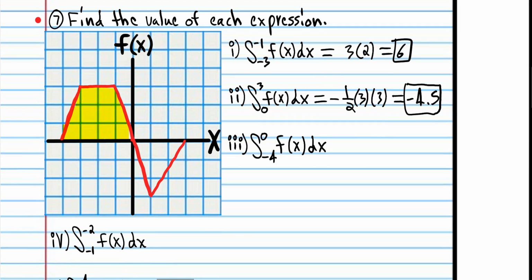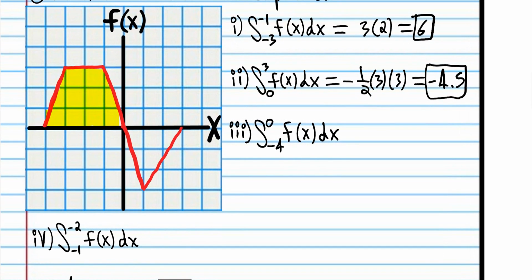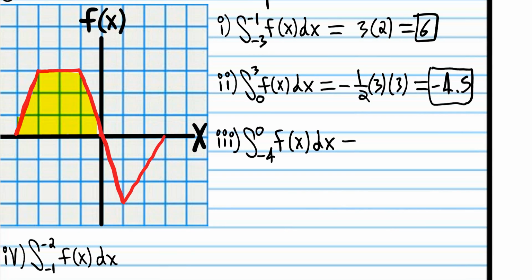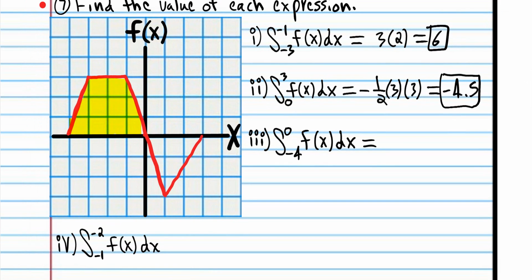So we actually have a trapezoid there. We do have a formula for the area of a trapezoid: base 1 plus base 2, divided by 2, all multiplied by the height. We could use that formula, but most students don't have that memorized. So we can just use triangles and a rectangle.